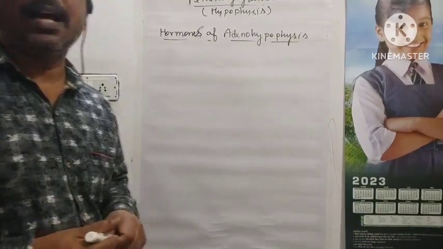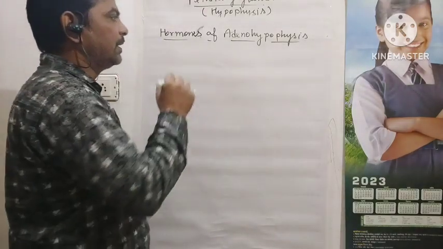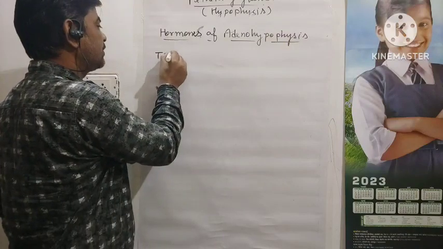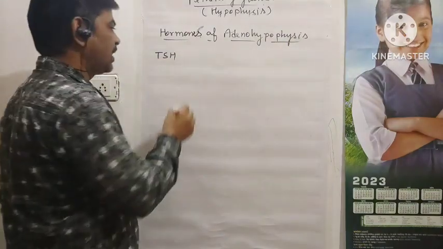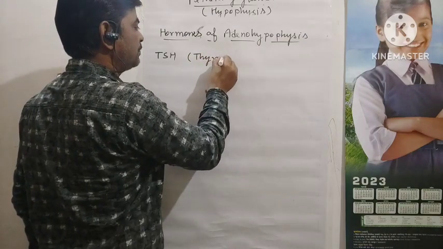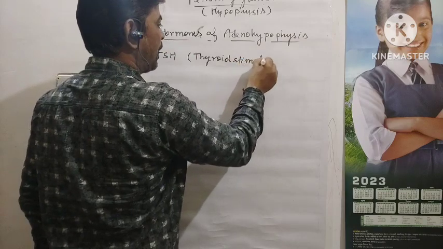Now another hormone secreted by the anterior lobe of pituitary gland is TSH. As you people perhaps know, that is the thyroid stimulating hormone.